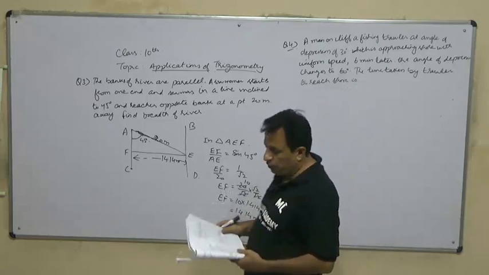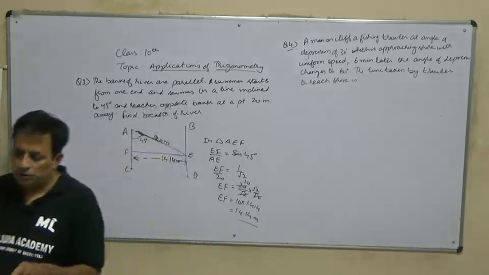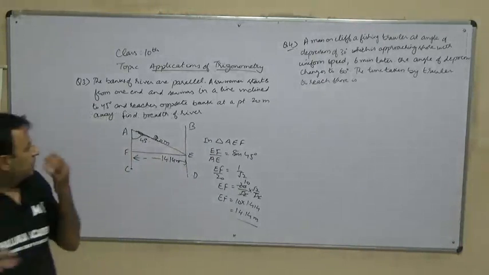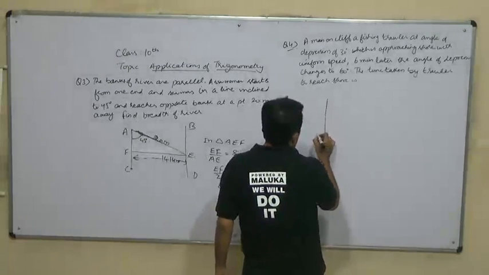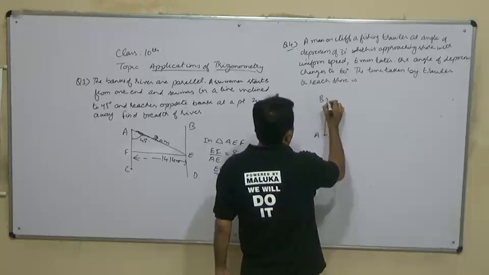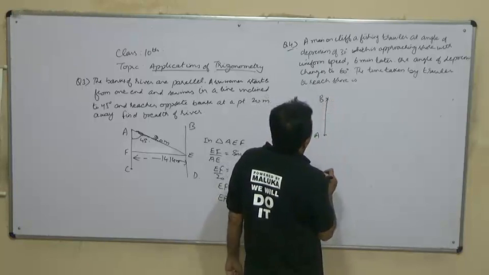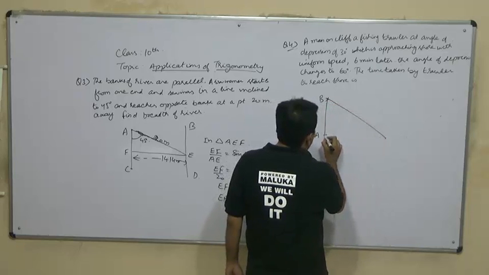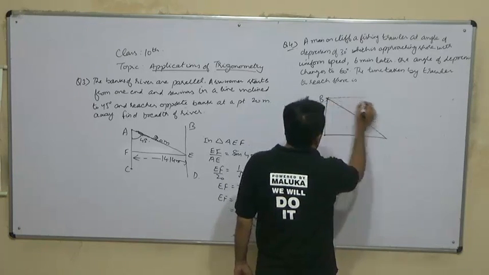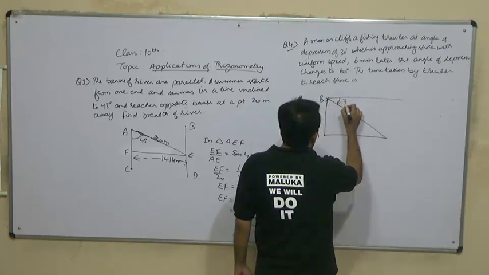So what do you want to do? Just see here. We have a cliff AB. A man on the cliff observes a traveler approaching the shore, and this angle is 30 degree.